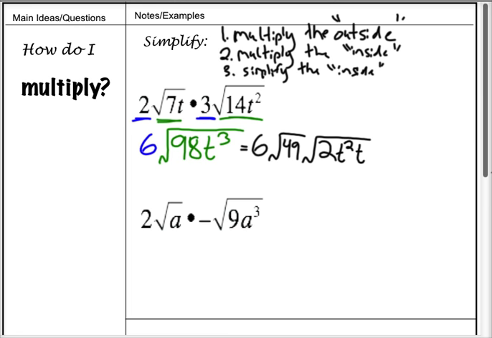Remember, we're going to break up the variable. So now looking at this, I have 6, and then square root of 49 is 7. And then I can pull out that t squared as a t to be outside of my radical. And then what's left inside is just a 2 and the other t.